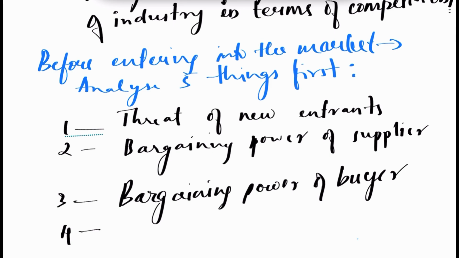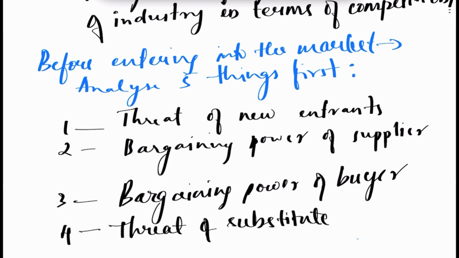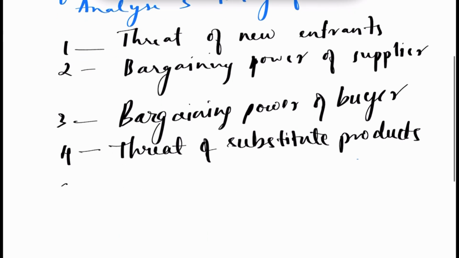Fourth one, threat of substitute product. And last one, fifth one, competitive rivalry.